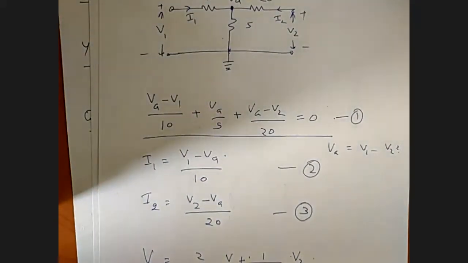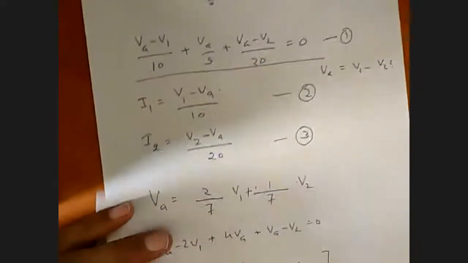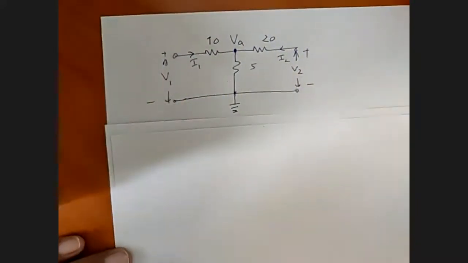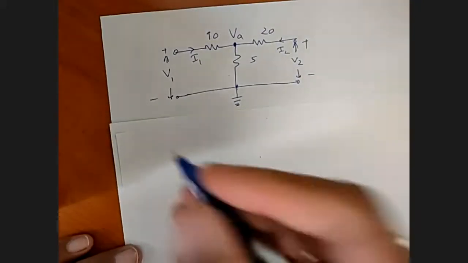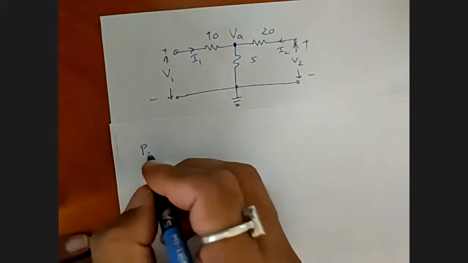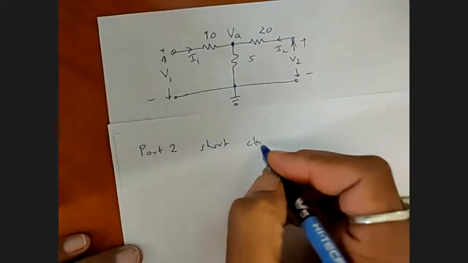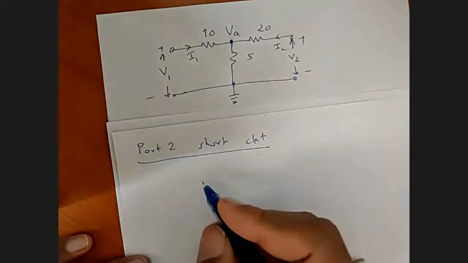So for this, I have to write the direct equation. Now there will be a second method for this also. That is port 2 short circuit. So first I will make port 2 short circuit.